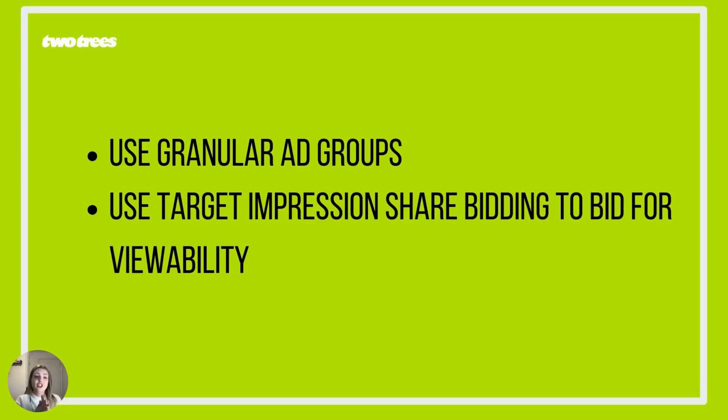And as I mentioned, use those granular ad groups. Keep them very tight-knit, very closely themed. I'm not saying you have to do this for search ads at every stage of the funnel, but for these upper funnel awareness, visibility-driving ones, I would definitely suggest it. And again, use target impression share bidding. Make sure we're matching the bidding strategy to the goal we want to achieve.